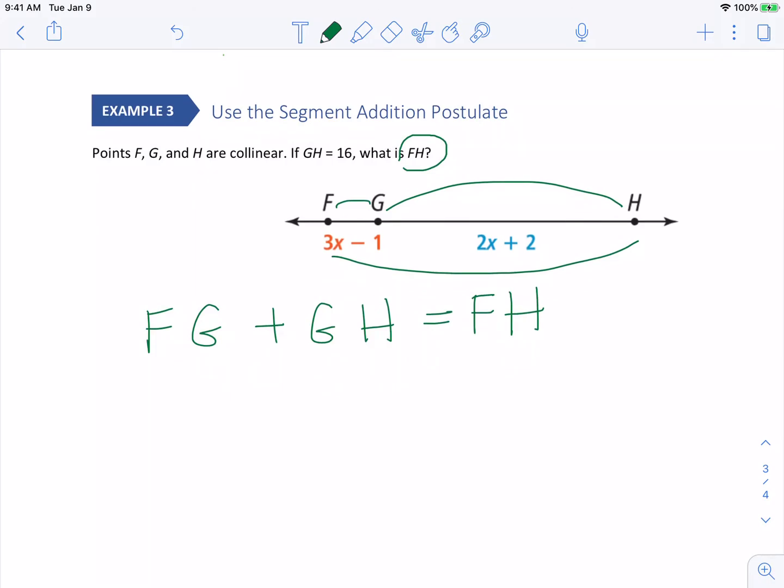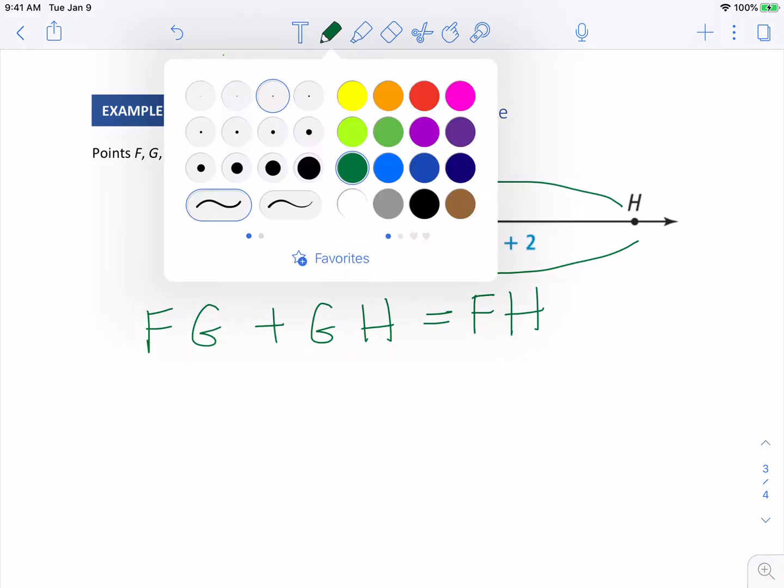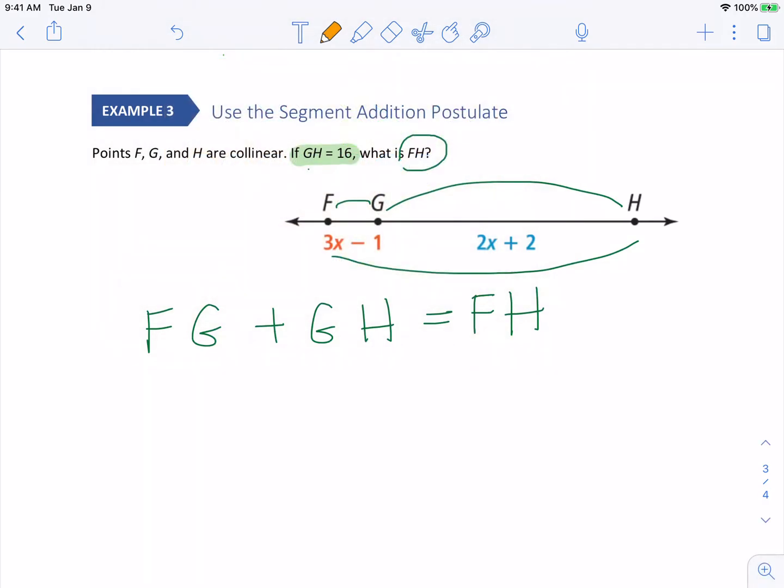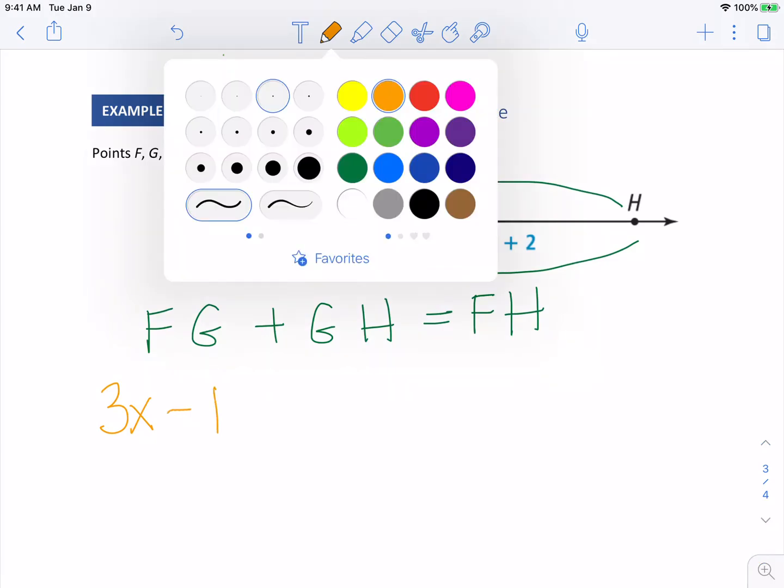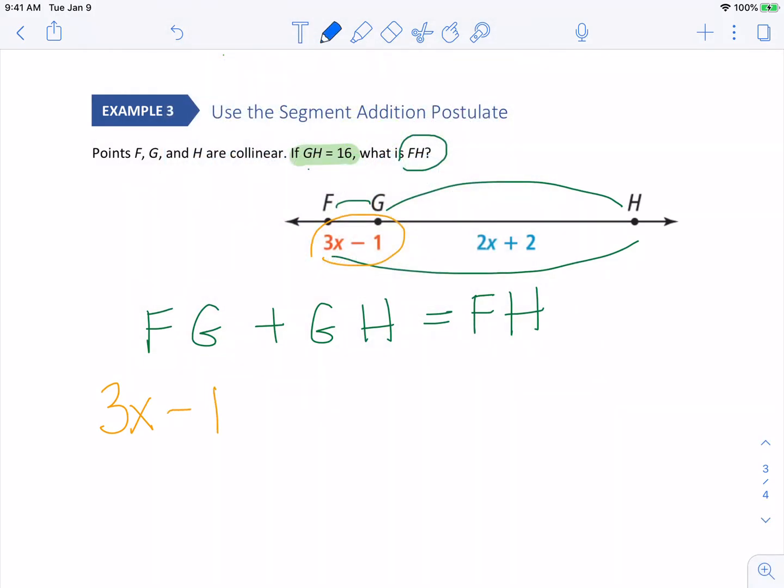So if we add these two segments up, we'll get FH. And then if we know what the value for GH is, right here, we can figure out the value of X. So I'm going to first write FH in terms of X. So looking at this one, we know that FG is 3x minus 1. And we know that GH is 2x plus 2.